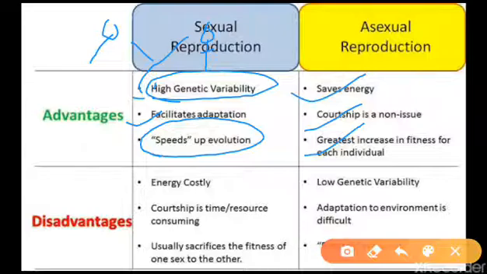Some disadvantages are also written: energy costly, courtship, that means time consuming, and it usually sacrifices the fitness of one sex to the other. That means in sexual reproduction, if somebody is reproducing, a part of energy is being lost from their body.